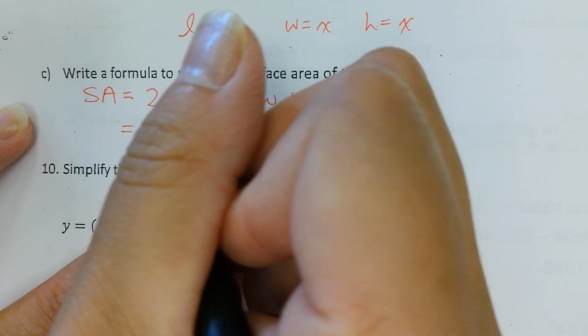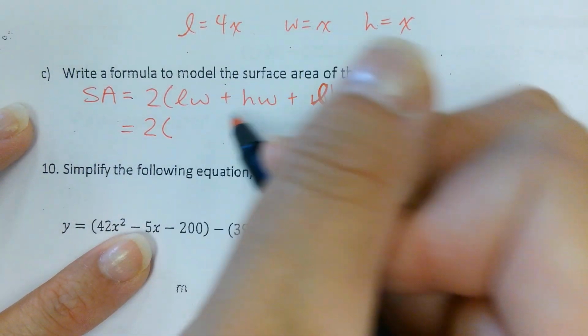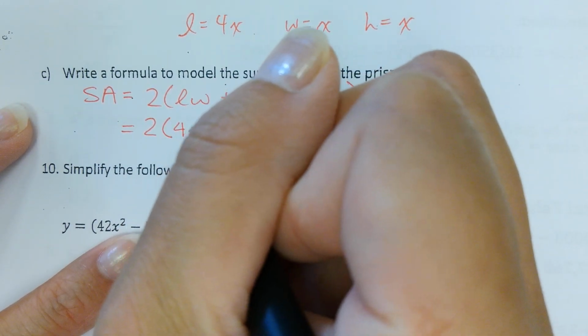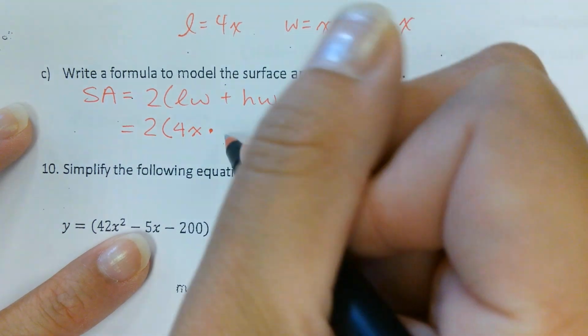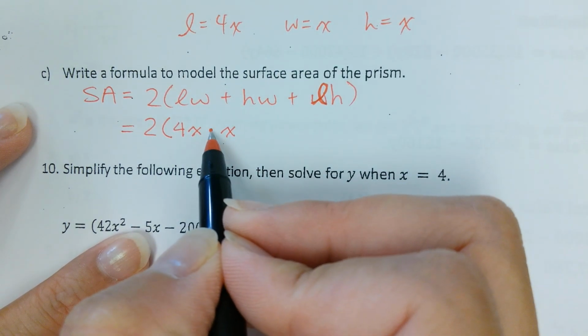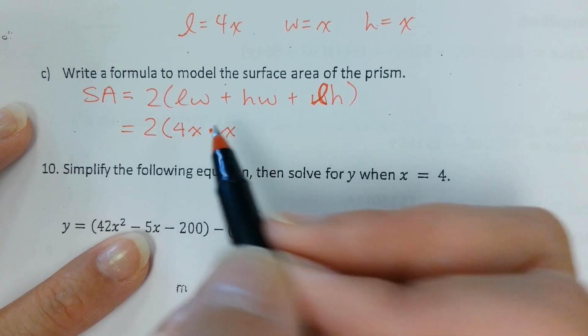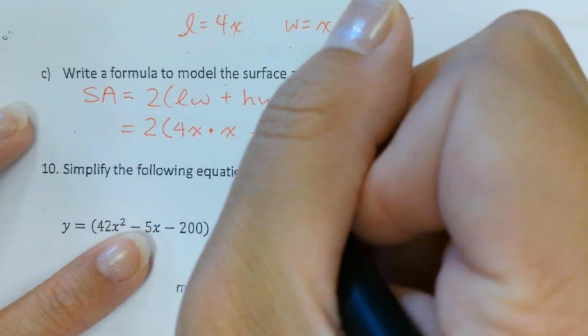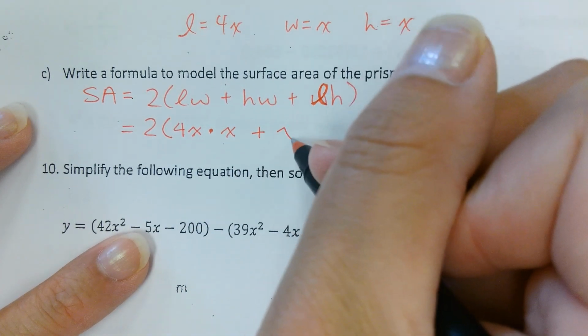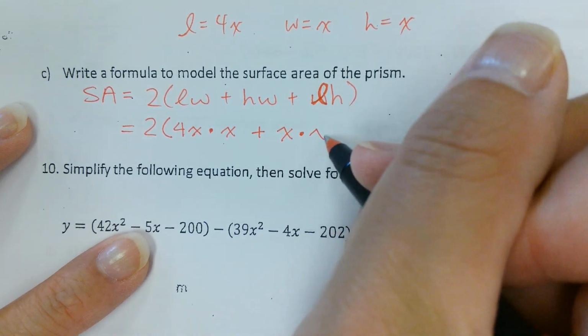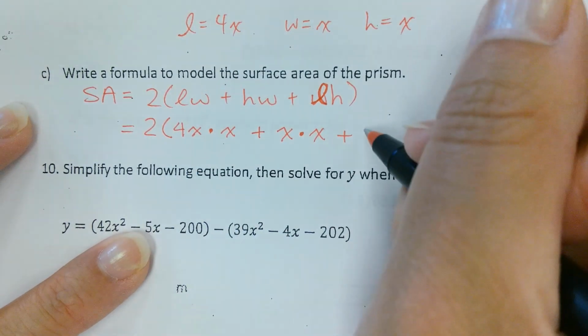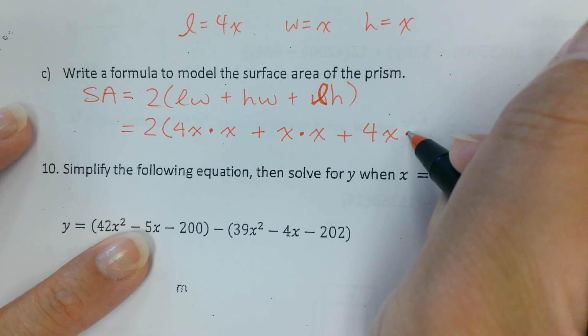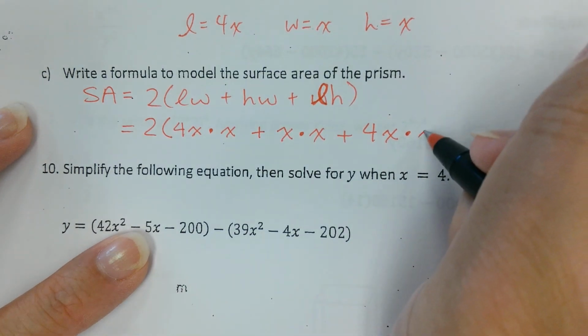Now we can sub it in. 2 times length, which is 4x times x. By the way, we can use these dots to represent multiplication as well. Height is x, width is x, length is 4x, height is x.